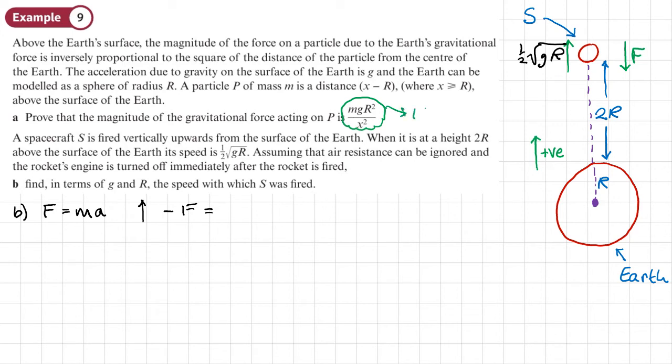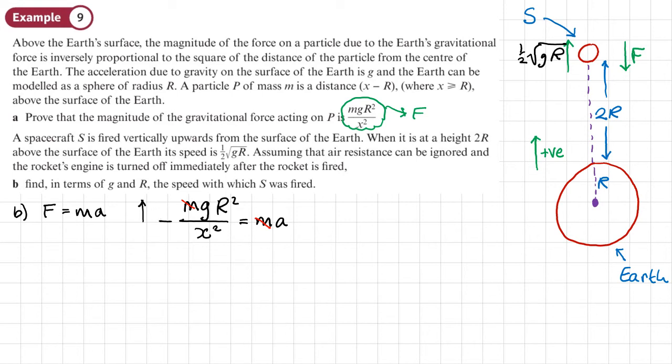This is our gravitational force, so let's stick that in. Sorry, not minus F, but it will be minus mg r squared over x squared is equal to ma. We can cancel out our m's like this. Let's just move the minus down to the middle like this.